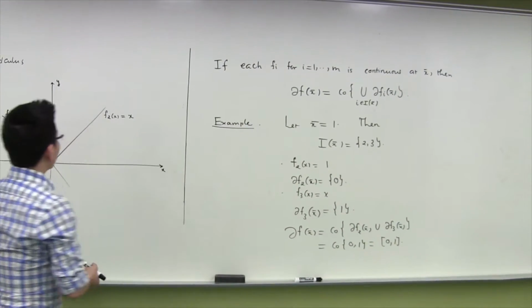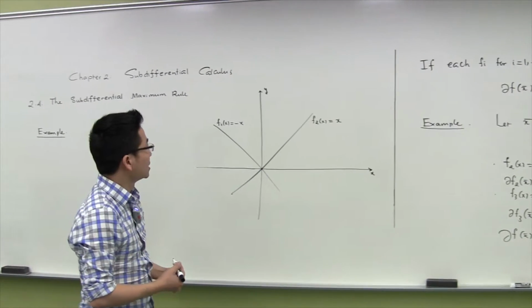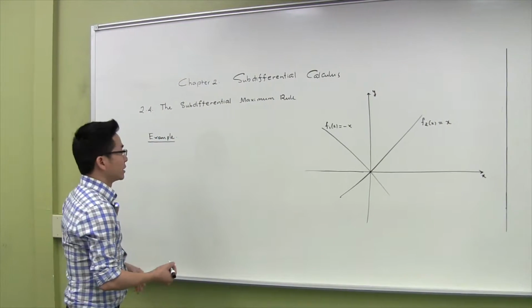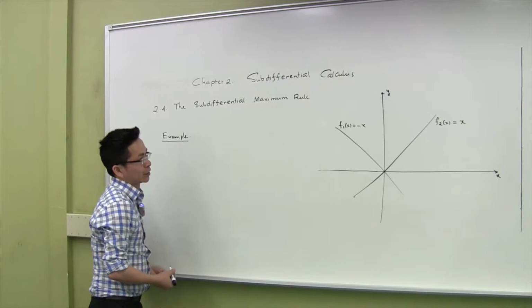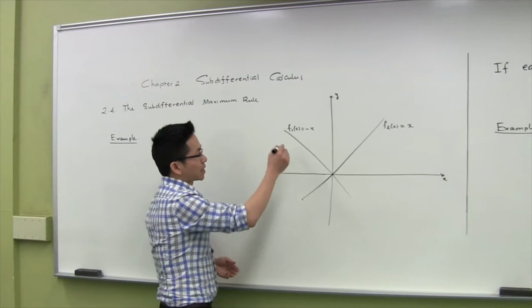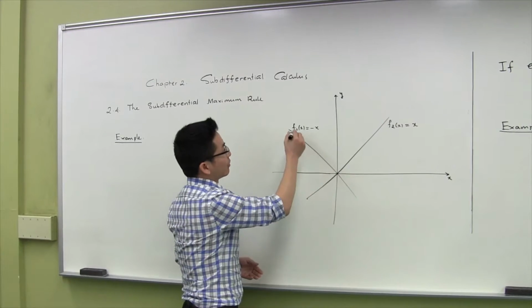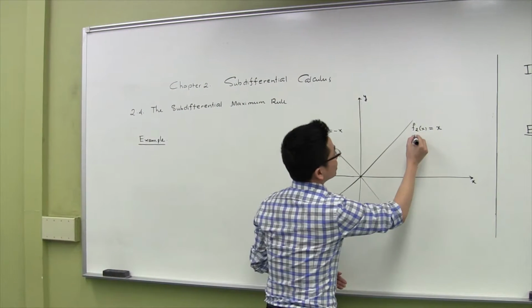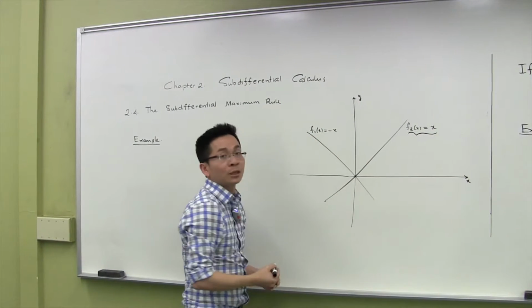In this example, we are going to consider the absolute value function. As we know, the absolute value function can be represented as the max of two functions. The first function is f1 of x equals minus x, and the second function is f2 of x equals x.